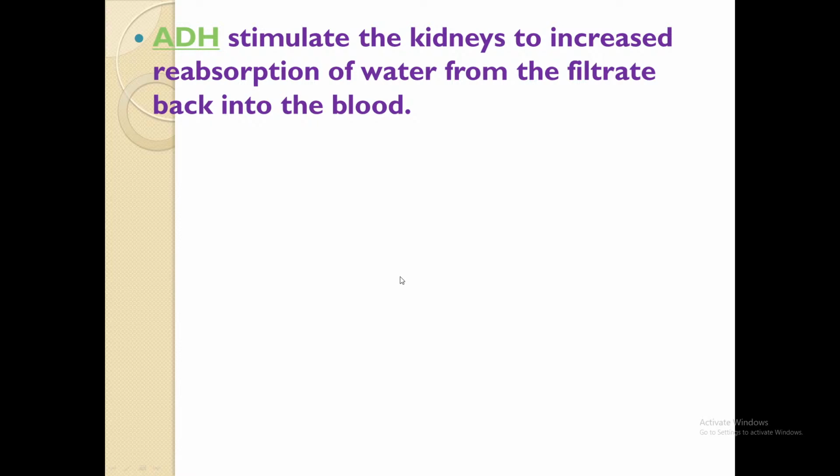Now what this means is that the kidneys would have already produced the urine. It is just that the urine is still inside the body. It is not expelled or excreted out of the body as yet. So simply because the kidneys get the instruction to reabsorb some of the water, when you urinate, that urine is going to be less, or the urine is going to be highly concentrated, because the kidneys would have taken back some of the water.